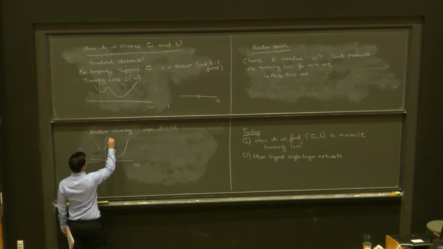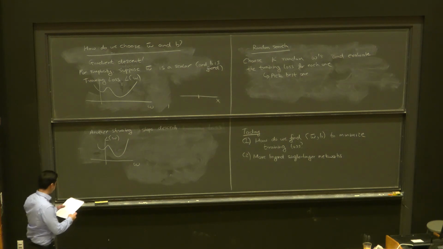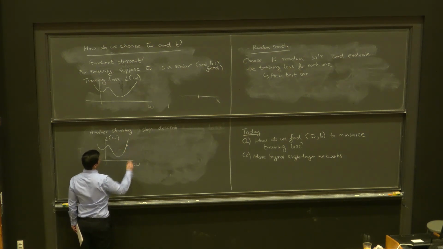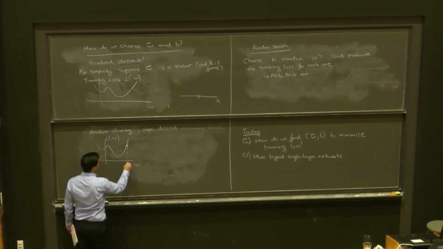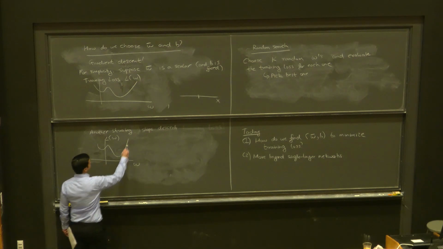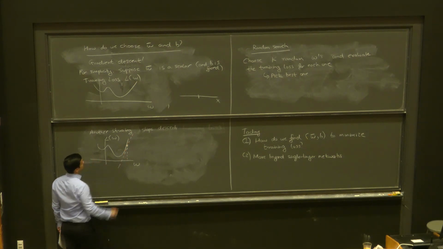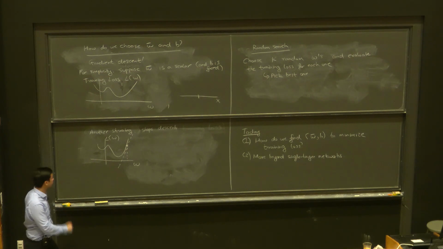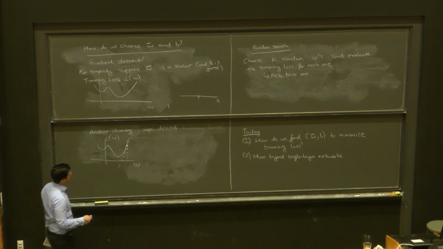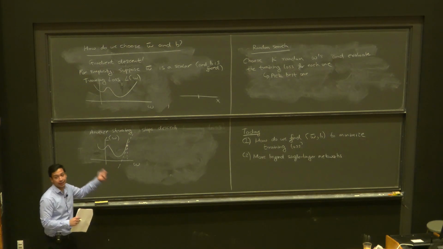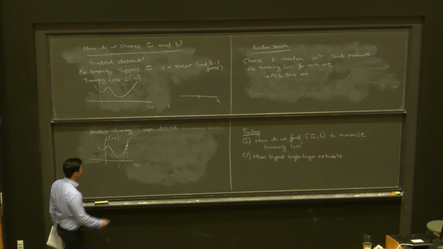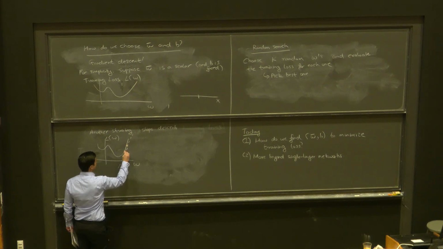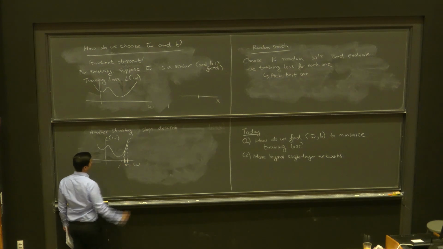So again, W on the x-axis, L of W on the y-axis. What you do here is start off with some initialization for W. So pick a particular value of W. You look at the slope, so the derivative of L of W at that point. And then you take a step in the direction that's negative to the slope. In this case, the slope is positive, so you move in the negative direction. So maybe you end up over here. So this is your new W. This was the W you started with. You took a step to the left.